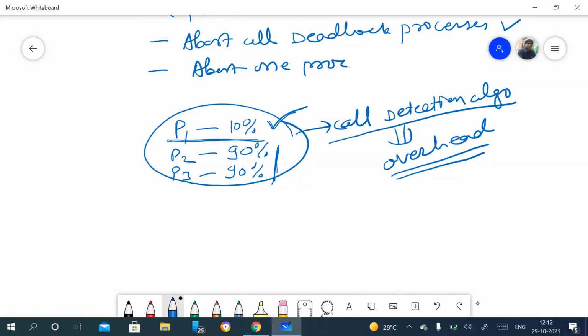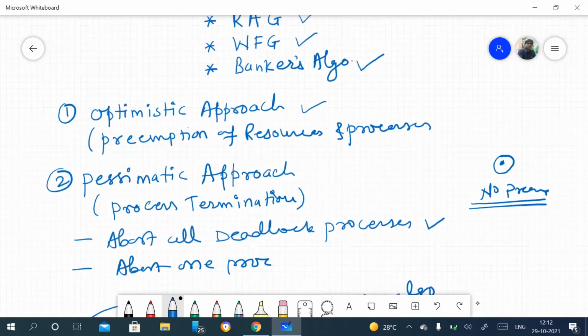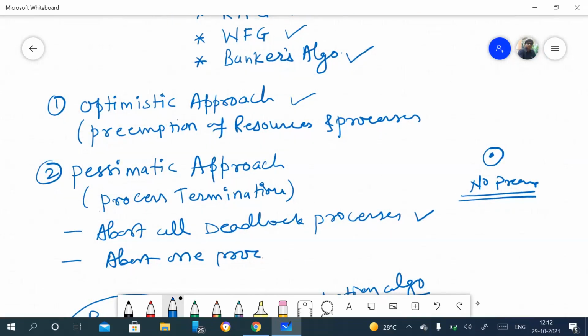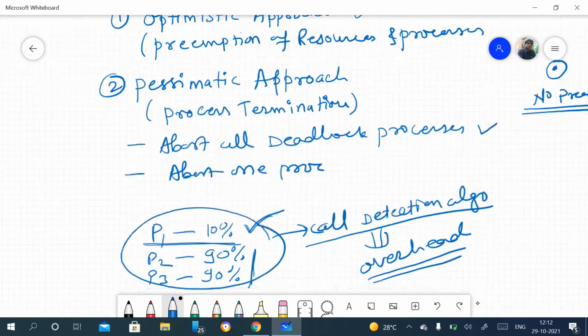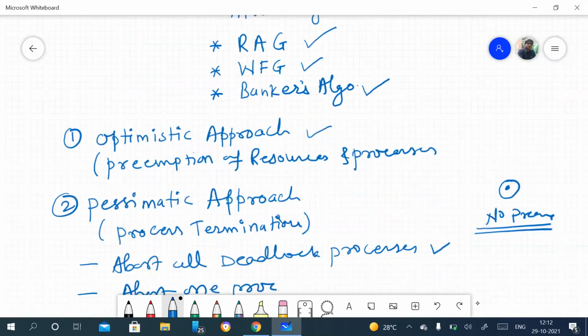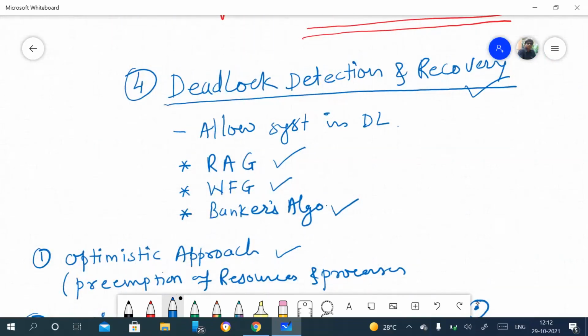Or check how much execution time is left, or how many resources that process holds. Based on that, we can abort the process. So we can use these criteria for the recovery. I think this is enough for this, and this is the end of deadlock.